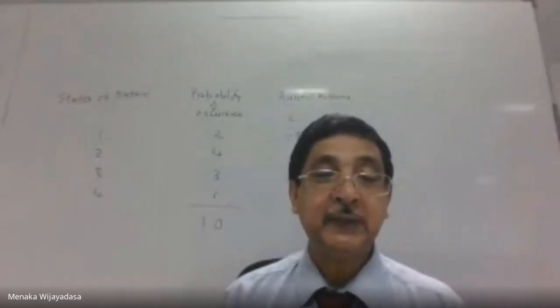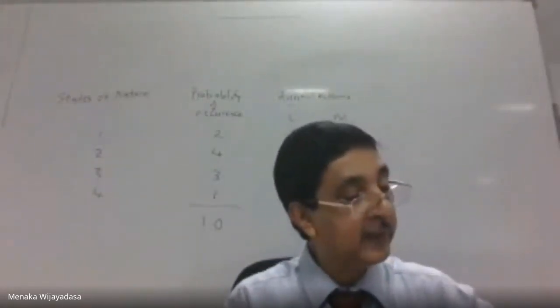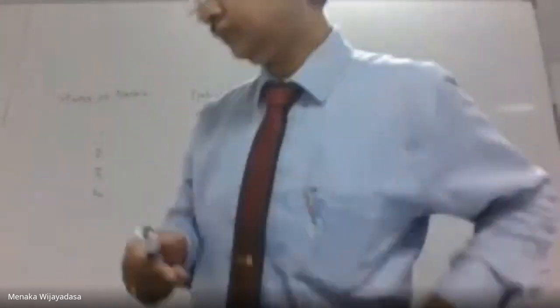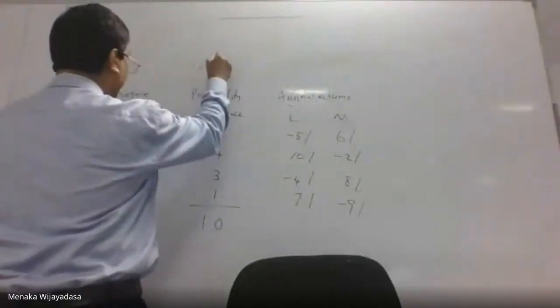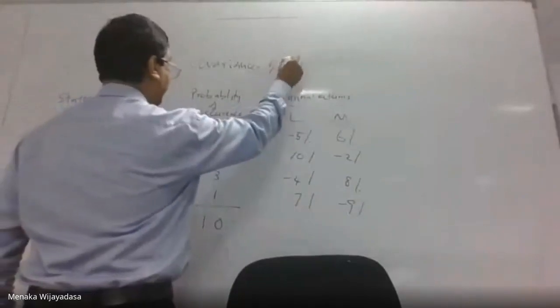It is symbolized as, I will show the symbol, covariance of returns.